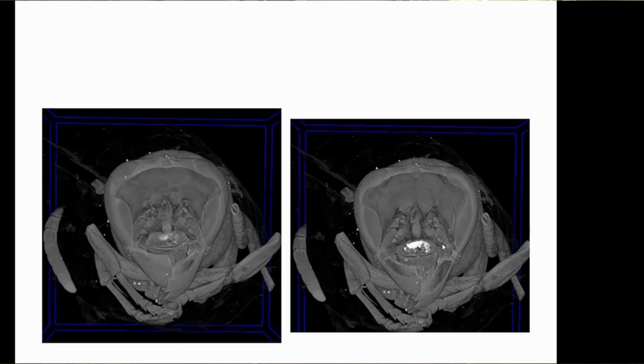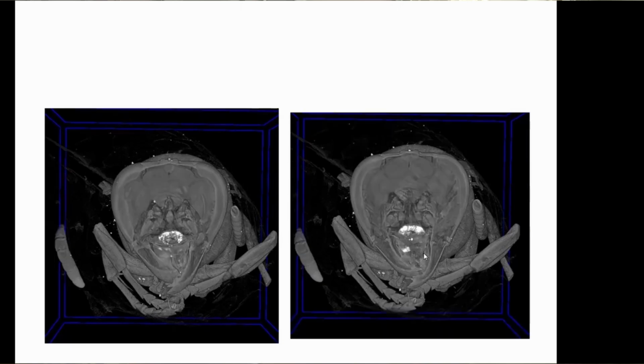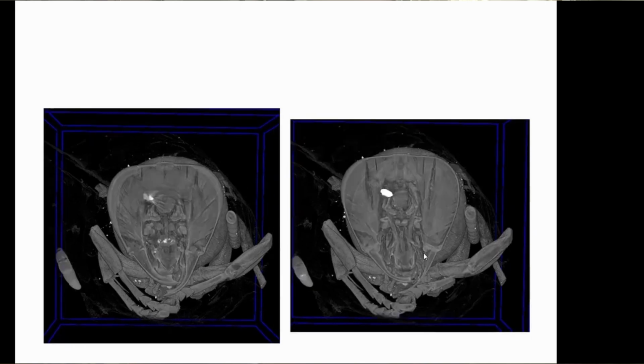We've cut back further and we're seeing the perfectly normal appearance in the nathal pouch of radiopaque material. But as we cut further back, this structure is appearing, or it's not a structure, it's this abnormal material stuck in the posterior pharynx.